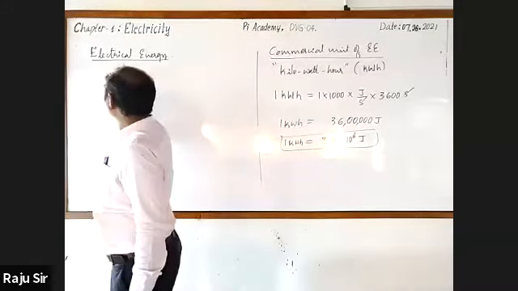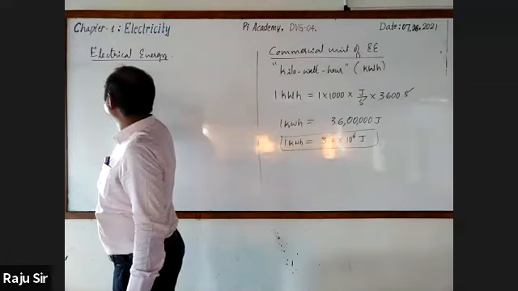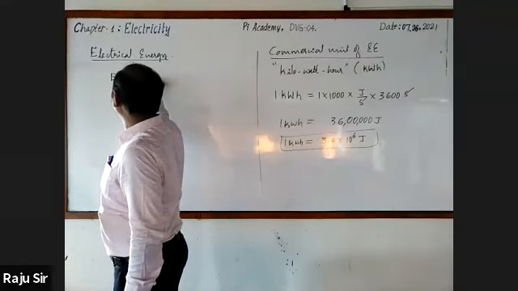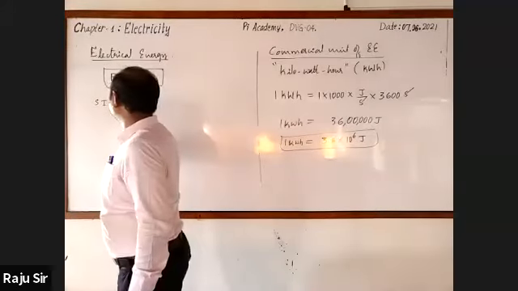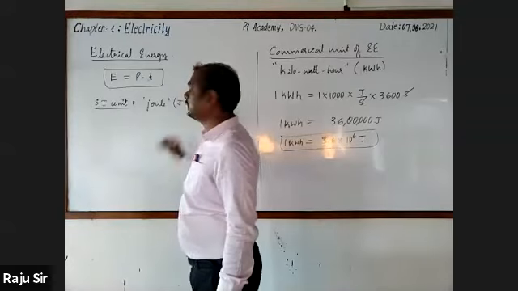That is, electrical energy E is equal to P into T, power into time. SI unit of electrical energy, in bracket, capital J.